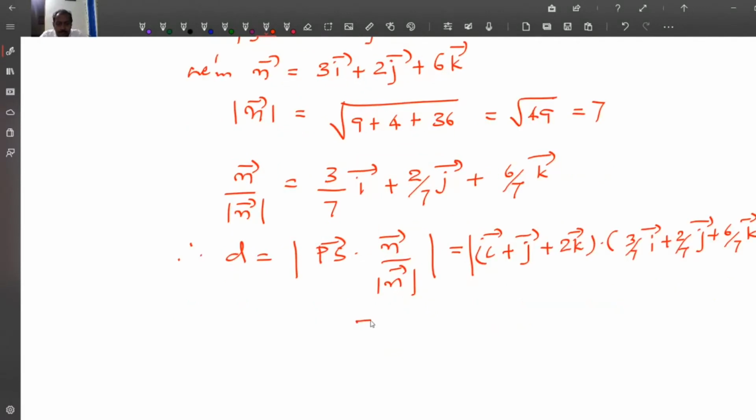That is equal to the absolute value of 3 by 7 plus 2 by 7 plus 12 by 7. So this is 17 by 7. That is, d equal to 17 by 7.